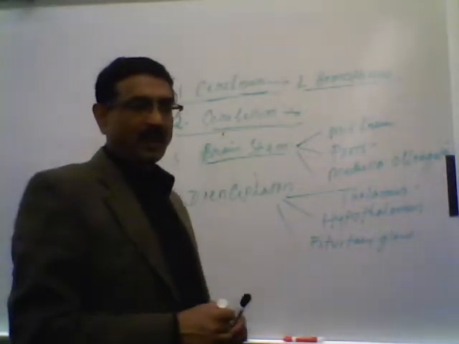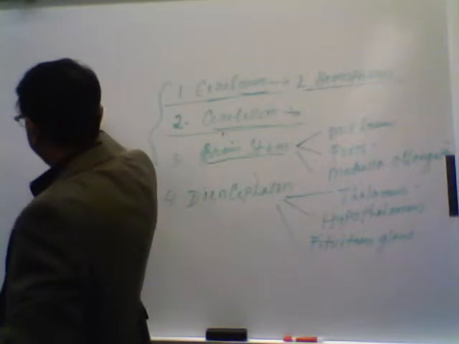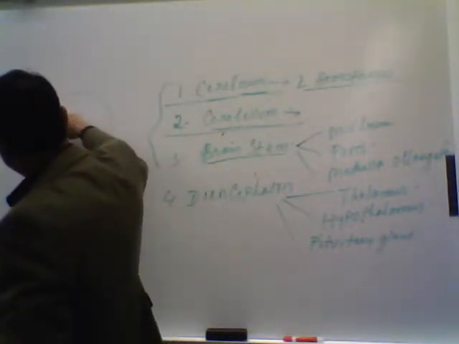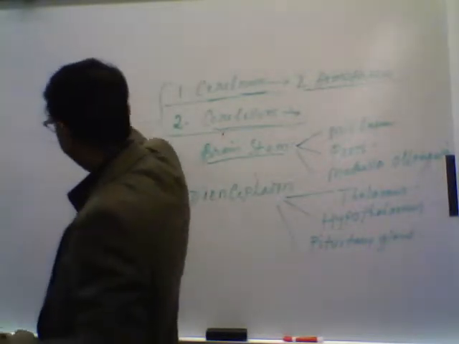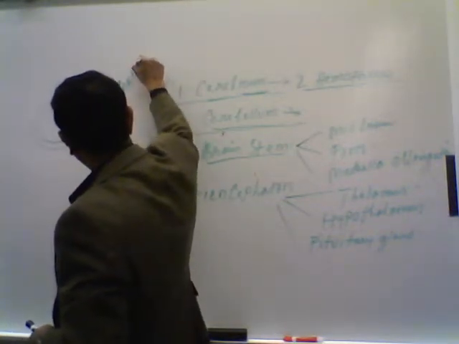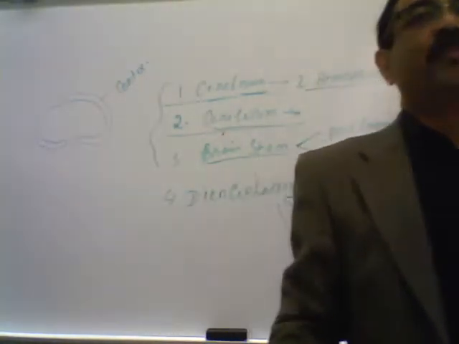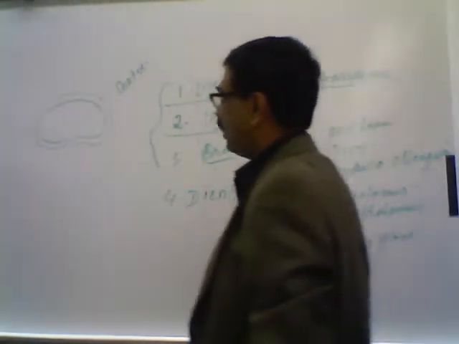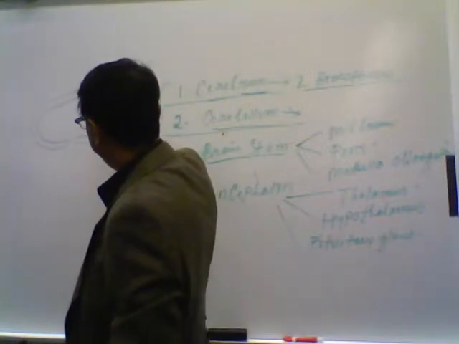Cerebrum. The surface of the cerebrum is called the cerebral cortex. So this is the cerebrum, and the outermost layer or the surface is called the cortex, cerebral cortex. And in the cerebral cortex, many functional areas are present. For example, if this is the back of the brain, you have the visual area here.